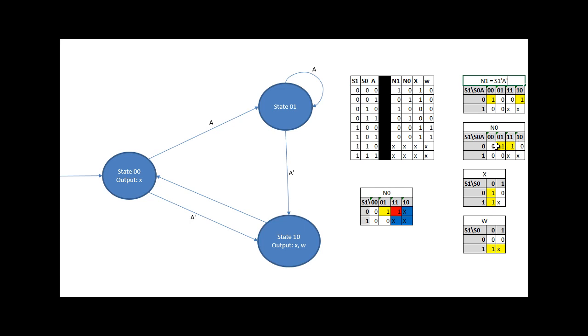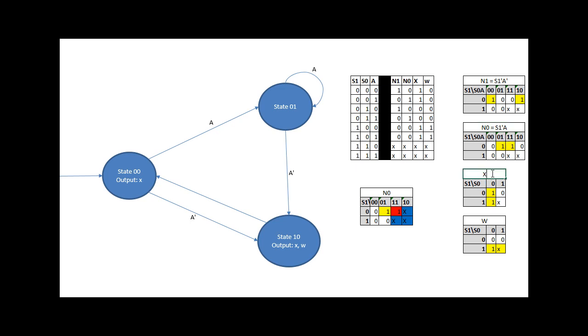Now for n1, I have s1 not changing, so between here and here it's just s1 not, and then between here to here, s0 is changing, so I can't put a 0, but a is not changing. A stays with the same value, with the value of 1.